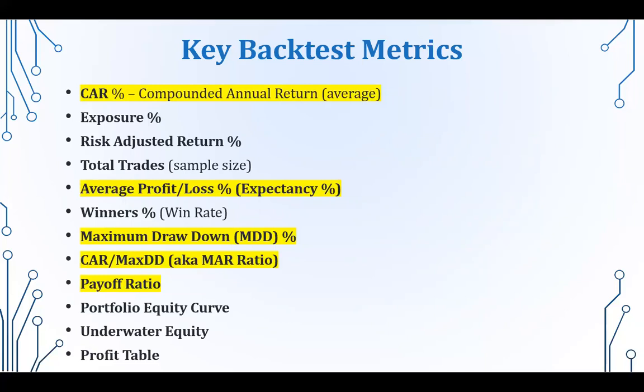Obviously we want to know what the compounded annual return is. We look at the average profit divided by the average loss percentage, which is essentially our expectancy. So we see if we have a positive expectancy, we have a positive edge for the system, or we don't. I also look at the maximum drawdown, CAR MDD, the payoff ratio, and some of these other metrics.